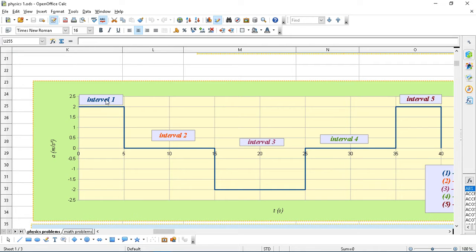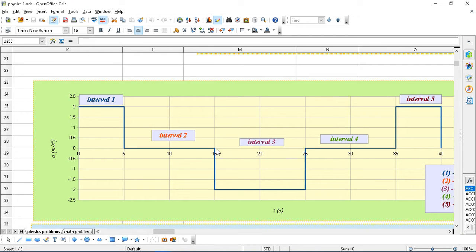Interval 1 is from 0 to 5 seconds, and the acceleration is 2 meters per second squared. The acceleration for interval 2, from 5 to 15 seconds, is 0 meters per second squared.